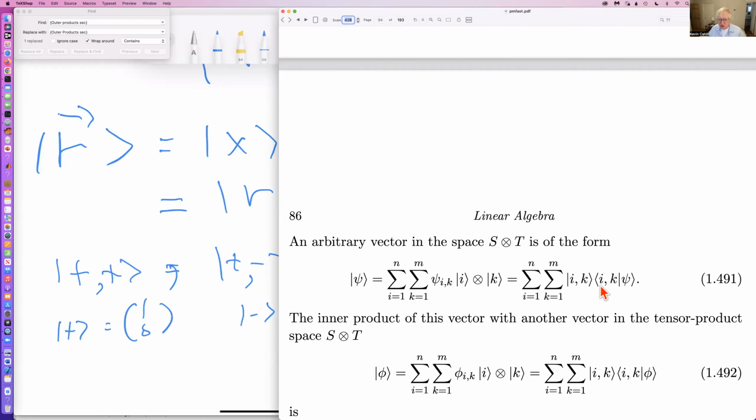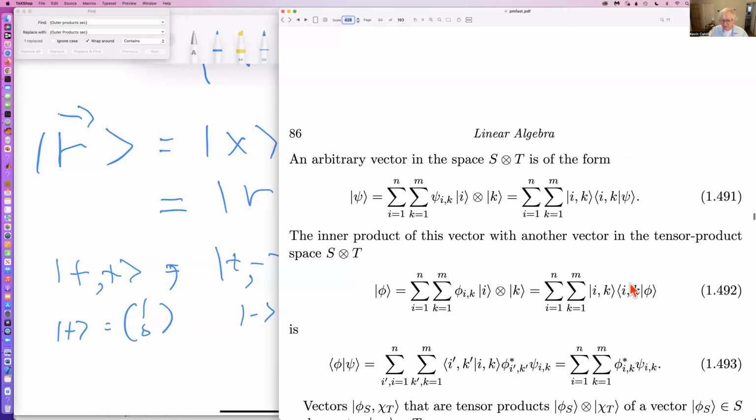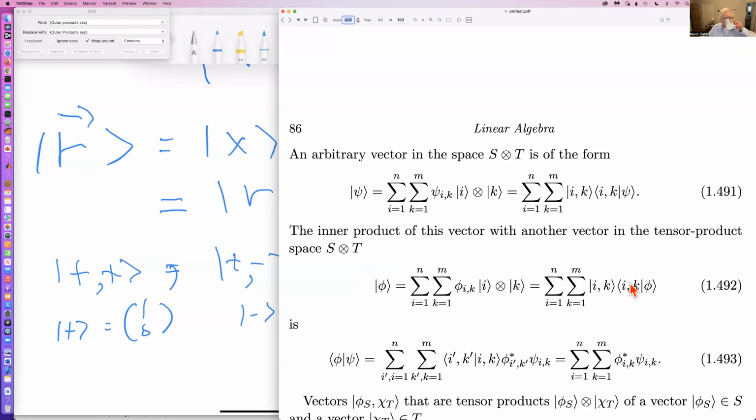And an arbitrary vector in the space is then a sum over i, k of these basis vectors with these inner products as coefficients. This means that this state means the particle is in state i with respect to one condition, and state k with respect to the other independent condition.